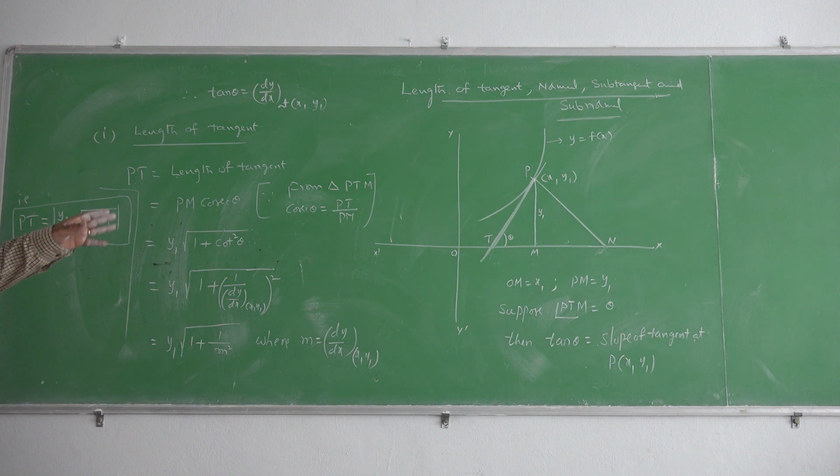So the length of the tangent is the ordinate of the point by the slope of the tangent multiplied by the square root of 1 plus m square, with modulus because it is a length. Length of the tangent PT is given by modulus of y1 by m into the square root of 1 plus m square.